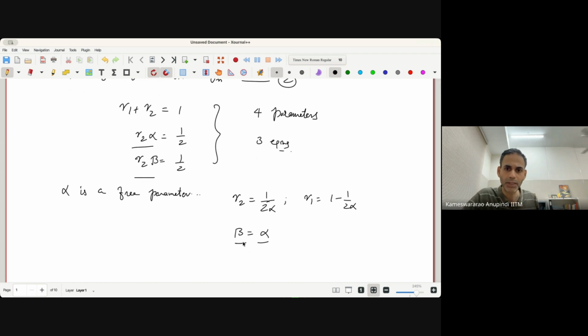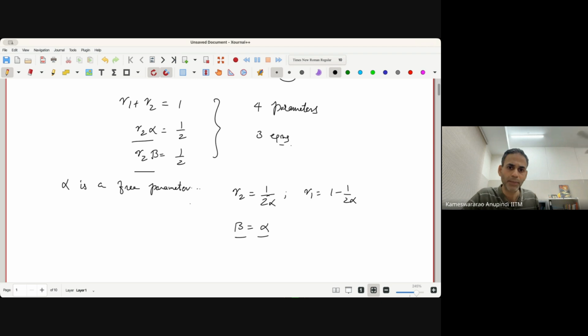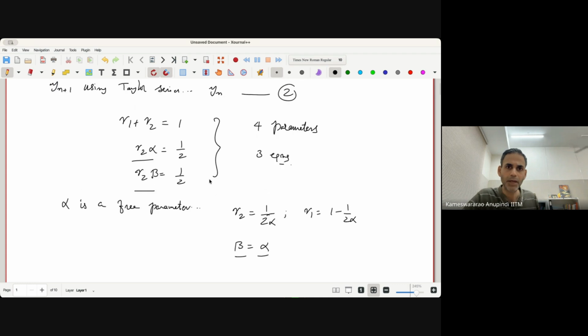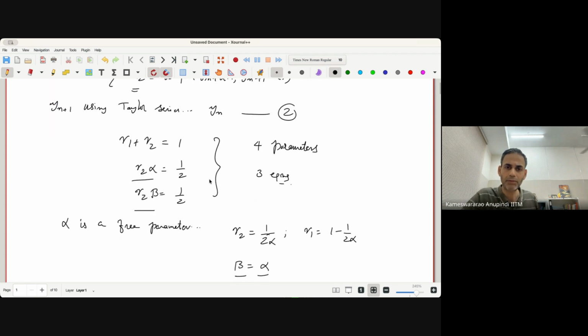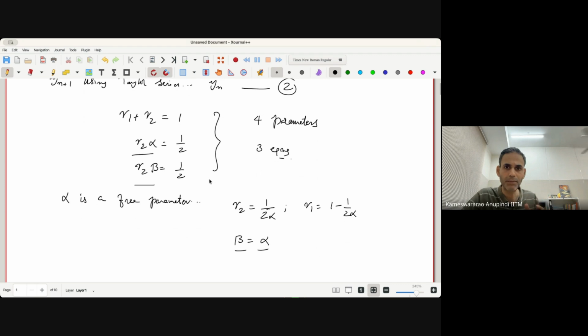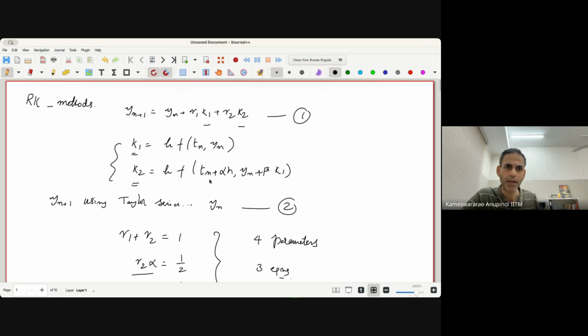So these are the values we obtain for gamma 1, gamma 2, and beta in terms of alpha. Now that we have obtained a scheme, I can substitute for gamma 1, gamma 2, and beta in terms of alpha into this equation.